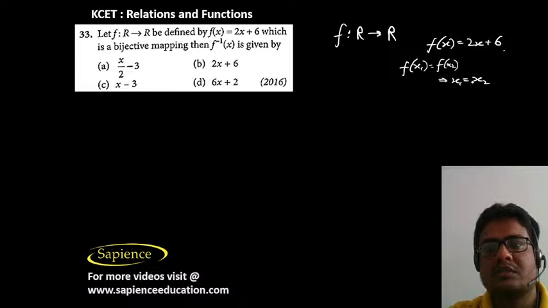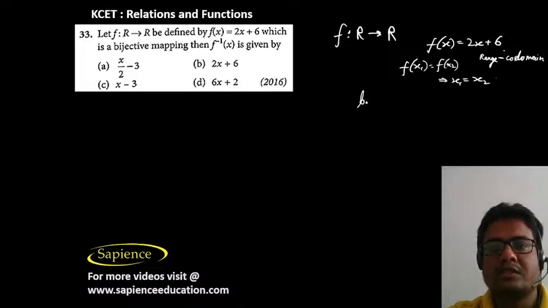So it means that it is 1-1, and all real numbers only is the range. So range is the same as the co-domain. Therefore it is an onto function. So therefore it is both 1-1 and onto. So it is a bijective mapping.